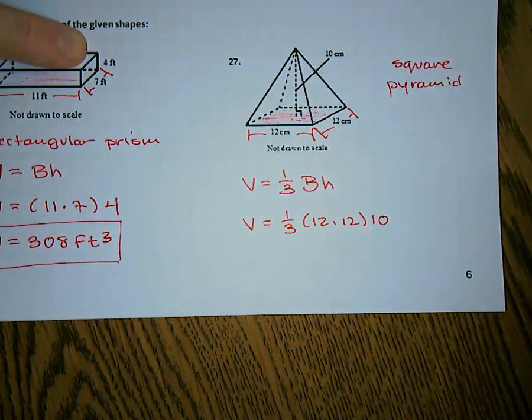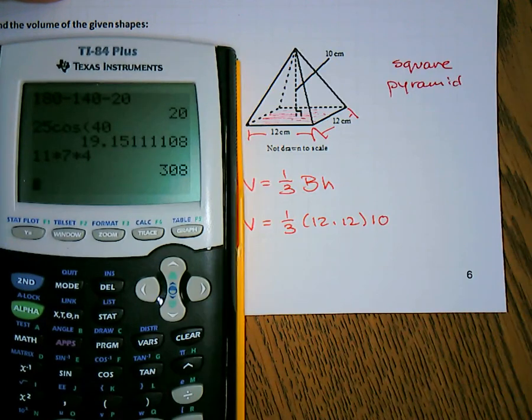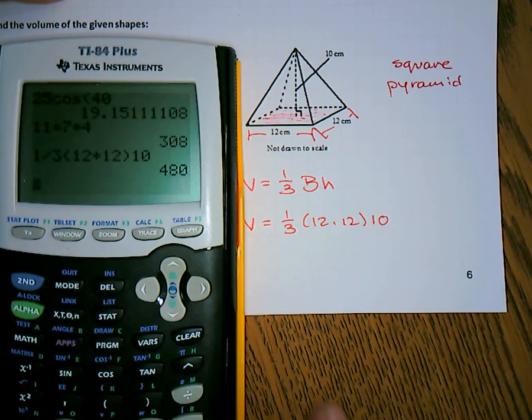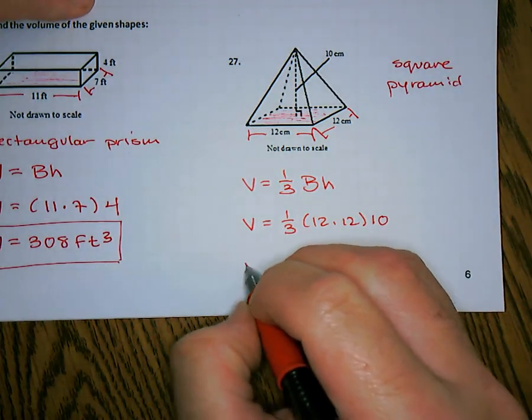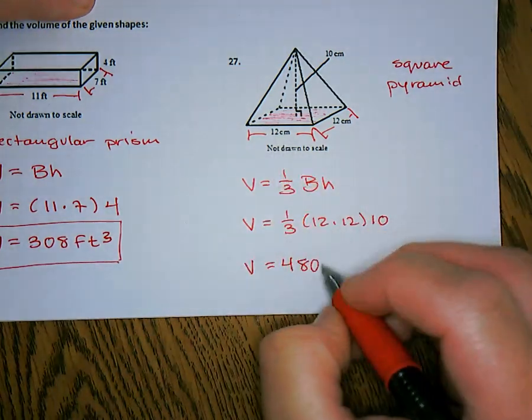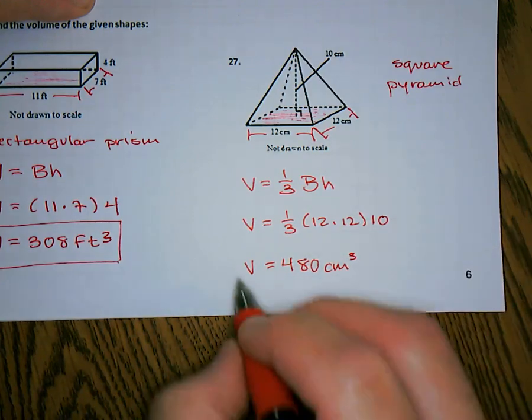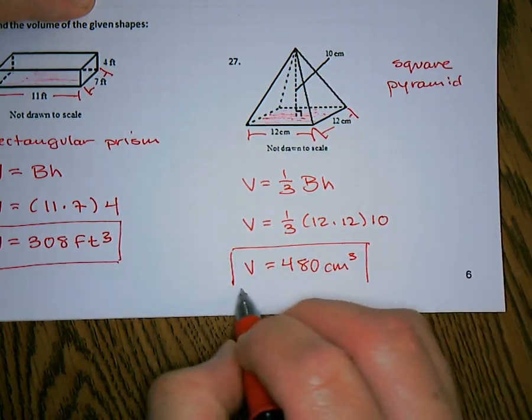Let's put that in our calculator: 1/3, a 12 by 12, and then times the height. So we're going to have 480. So our volume is going to be 480, and we're talking about centimeters. And since we're talking about volume, it's cubic centimeters.